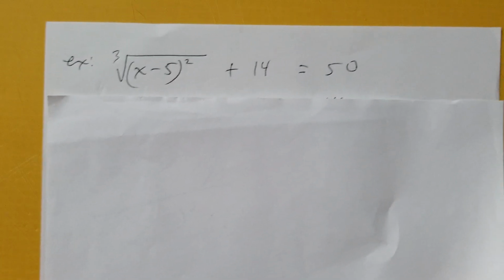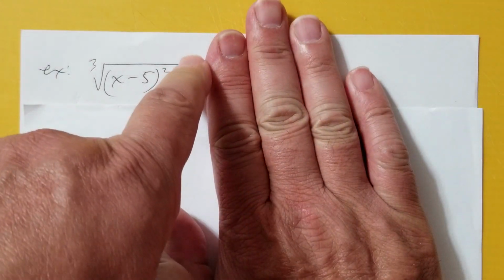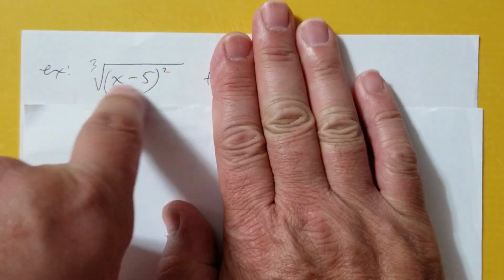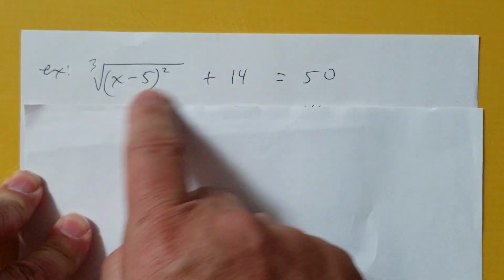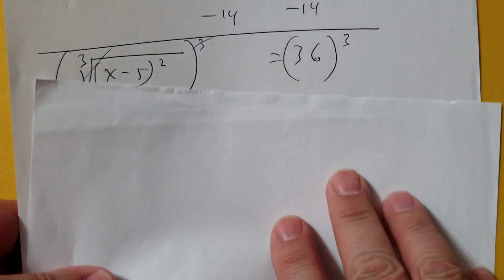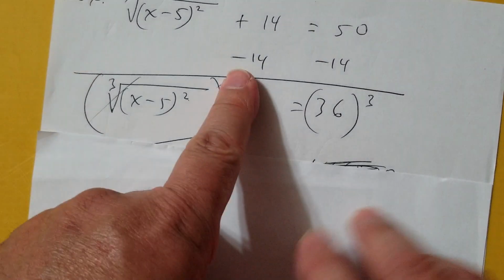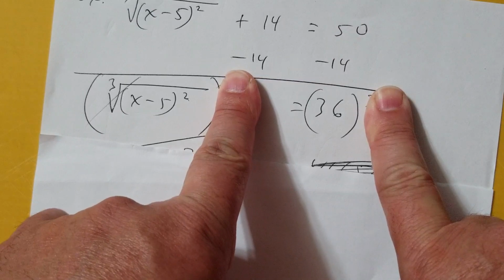What's the first step? The first step is to cancel the radical here. No, that's not the first step. The first step is to get this thing alone. So the first step is minus 14 minus 14, right? Now that you got the radical alone, now it's your job to cancel it, right?